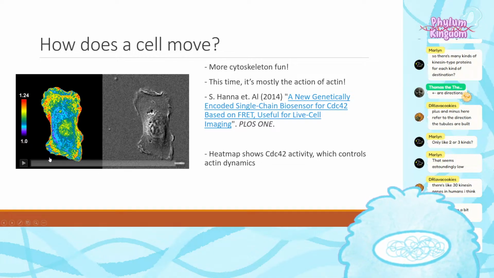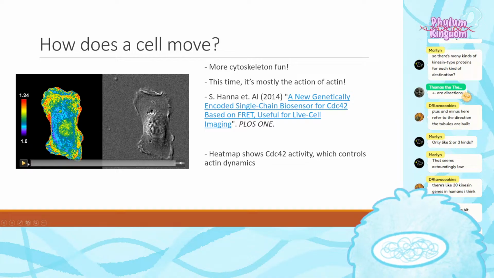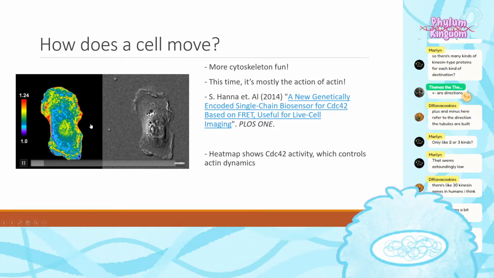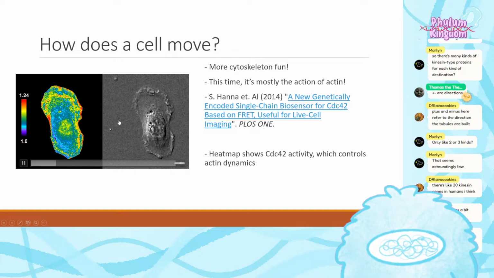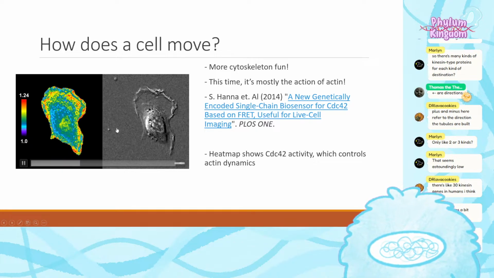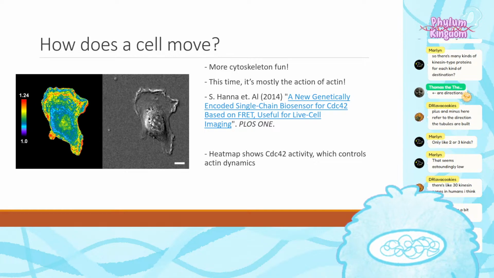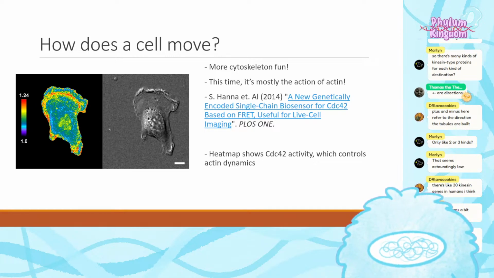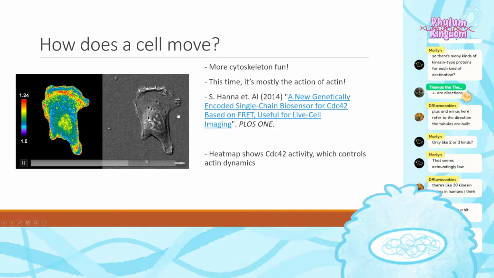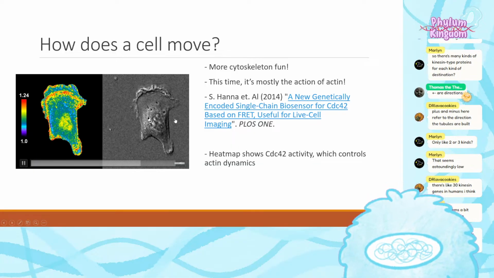And we come to see in these videos that the cytoskeleton is truly very dynamic, right? You can see on the left here the activity of CDC42, which again is not directly actin, but is an actin regulator. And you can see in this heat map that you have this distinct pattern that then affects this ruffling of this membrane over here, which I think is really interesting.